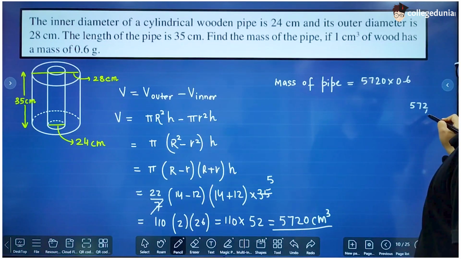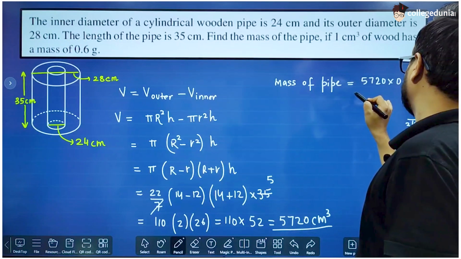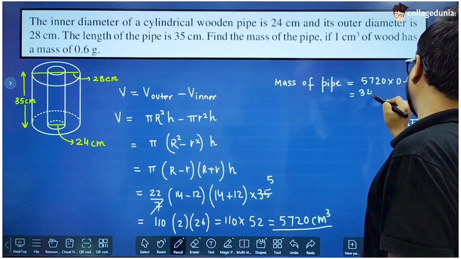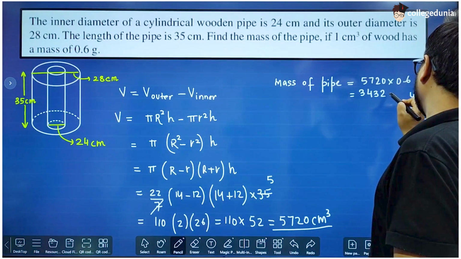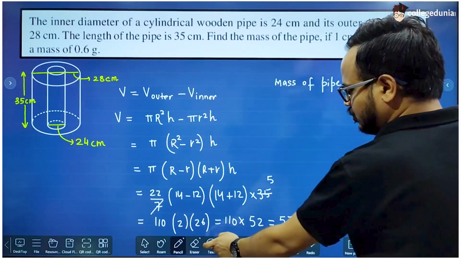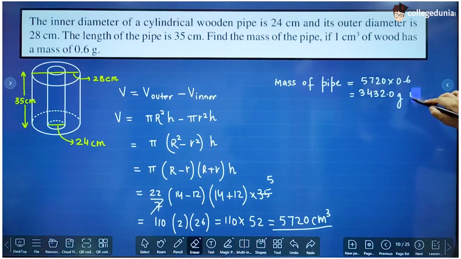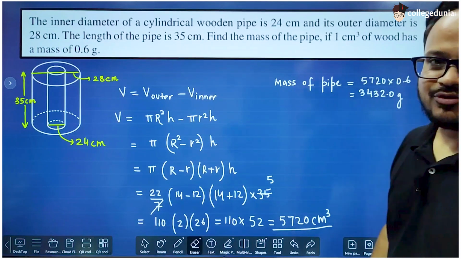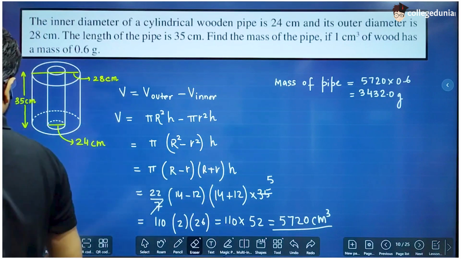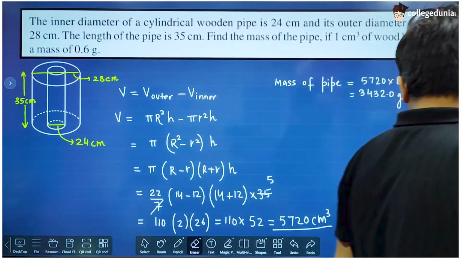So 572 into 6. 34320 gram. So that is the total mass of the wood which is required to make this pipe.